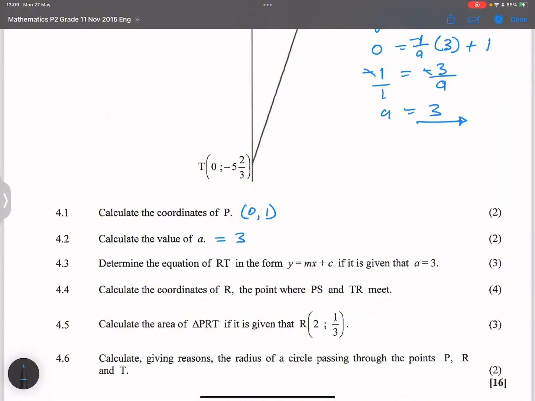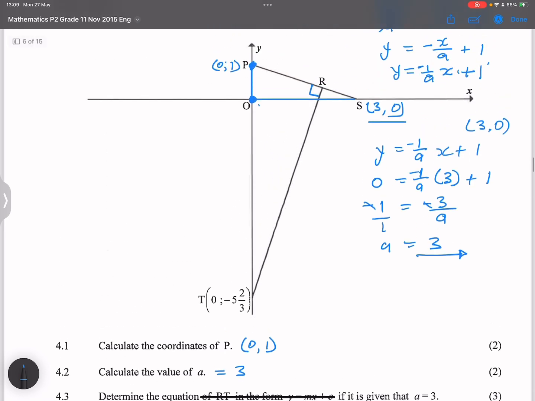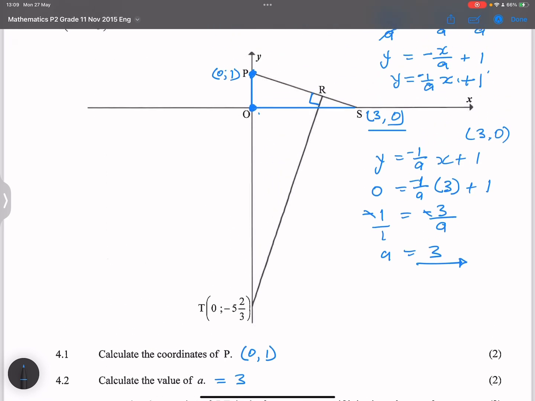Right, now ladies and gents, the next question. They say determine the equation of RT in the form y = mx + c, if it is given that a is equal to 3. Now, we found out that a is equal to 3, right? We are looking for the equation of RT.